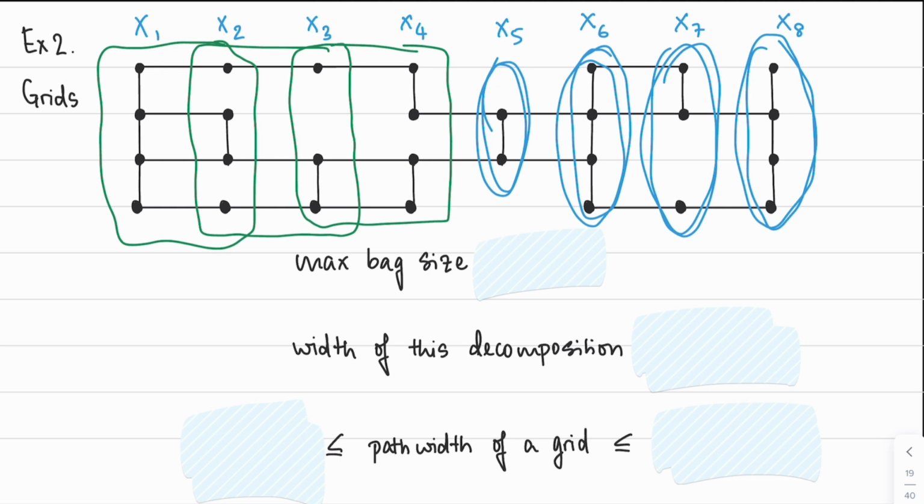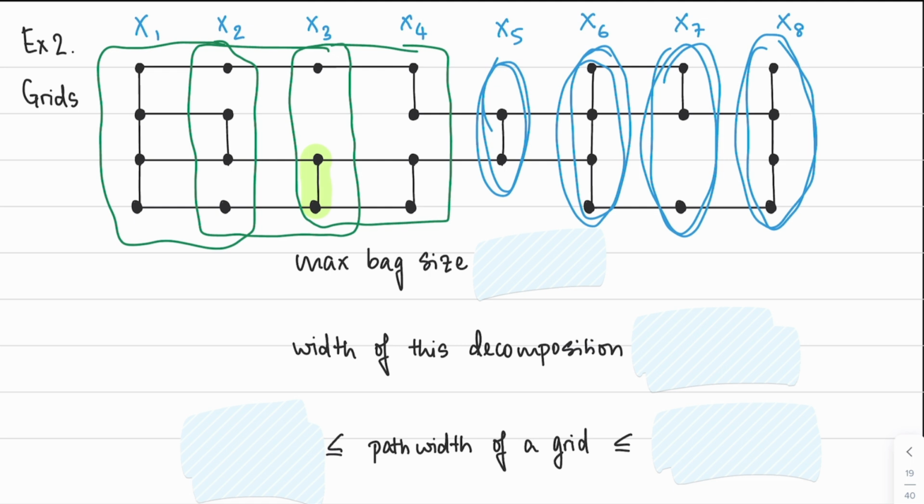Well, we put xi and xj together because either j is i plus 1 or i minus 1. So there's definitely a bag that contains both xi and xj. On the other hand, let's consider an edge that goes across two rows. Well, those two rows are not only adjacent, they also belong to the same column, and every column is sitting in some bag. So the row adjacencies are also captured by our path decomposition.